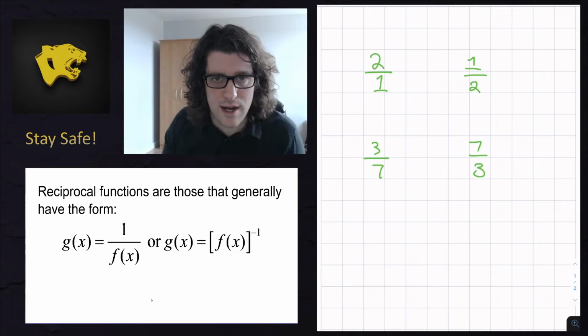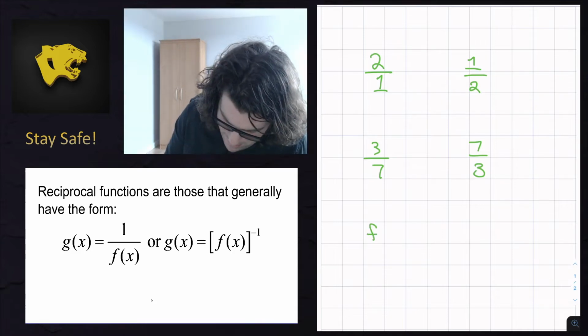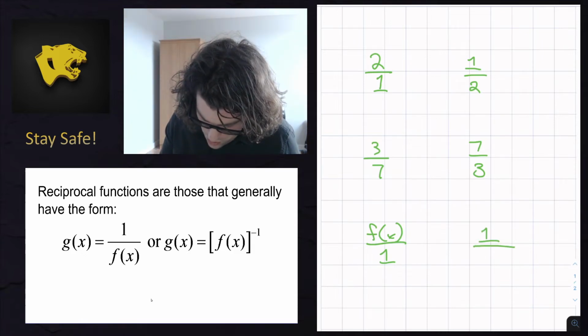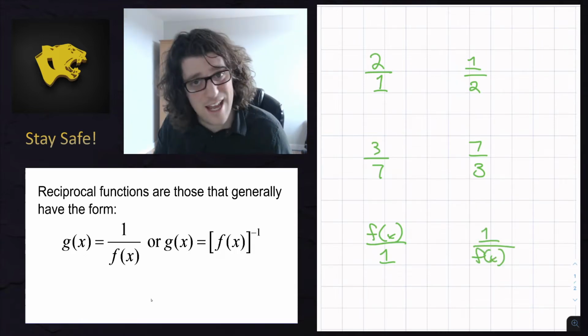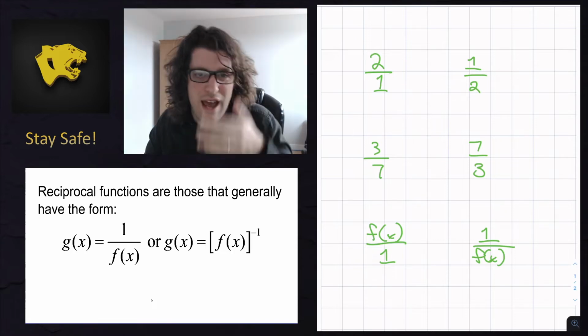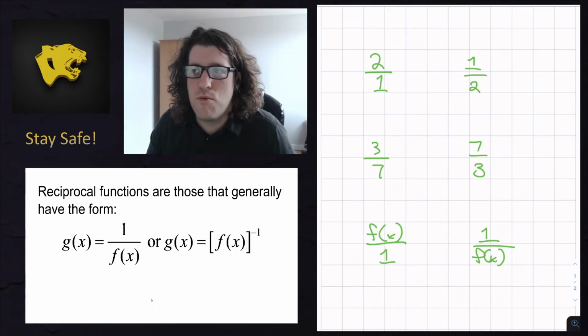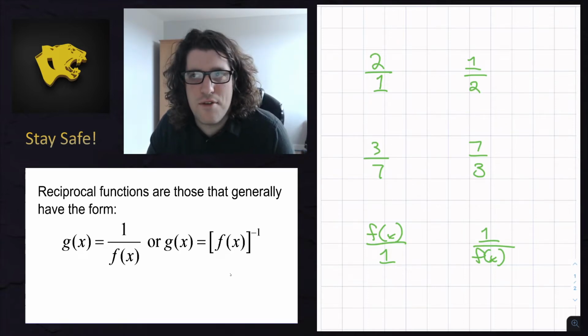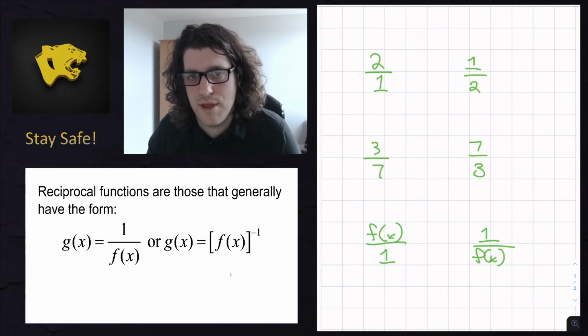That's like writing the old function as f of x divided by 1 and saying the reciprocal of that is just flip-flopping and saying it's 1 over f of x instead. So just like the numerical examples above, we take your numerator and denominator and flip them. Written beside over here is another way we can write the exact same thing.